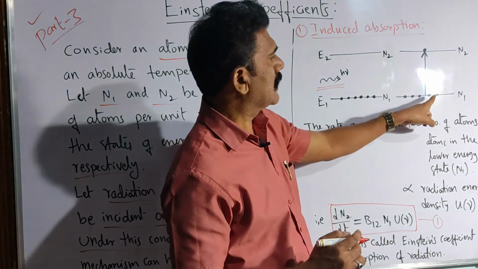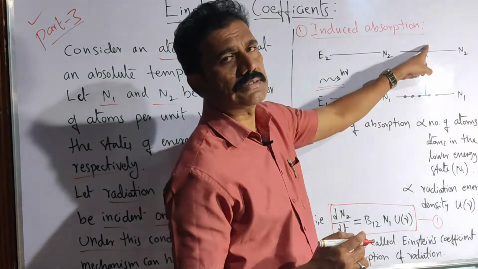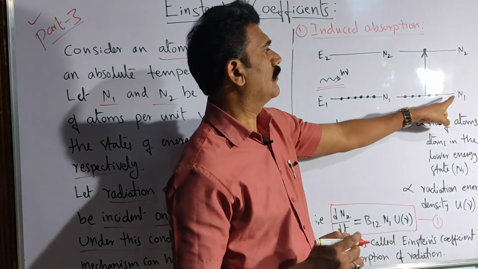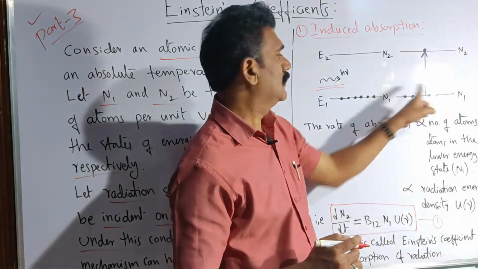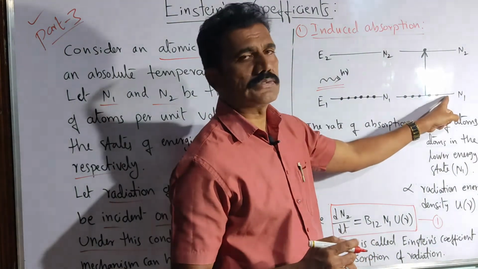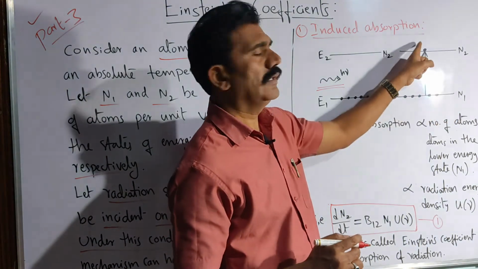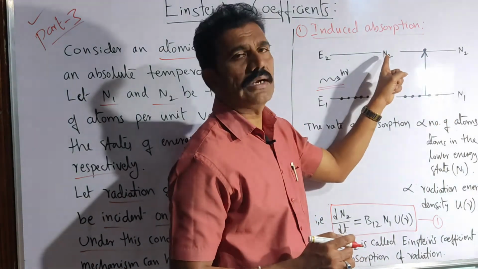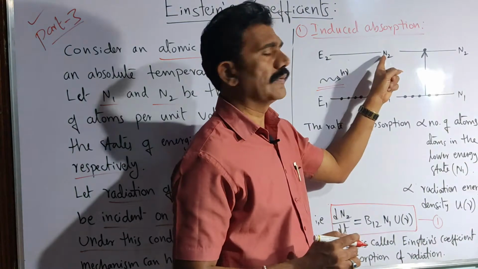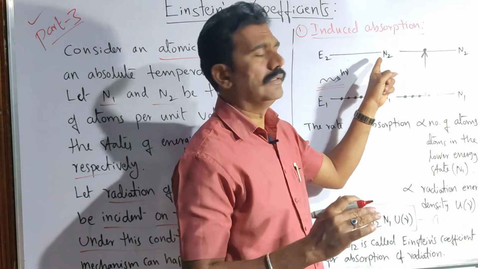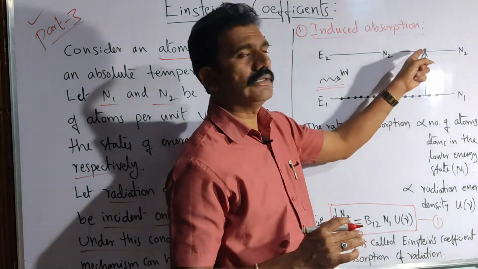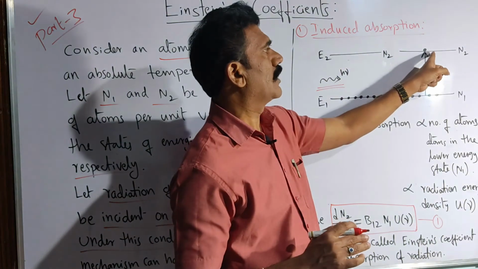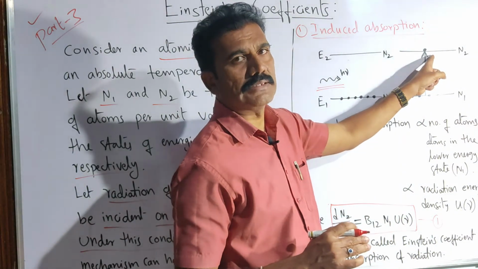The atom is excited from the ground state to the excited state, so the number of atoms in the ground state, the energy state E1, decreases. One of the atoms goes to N2. Initially there are no atoms in the excited state, it is empty. But after excitation due to induced absorption, the number of atoms increases in the excited state.